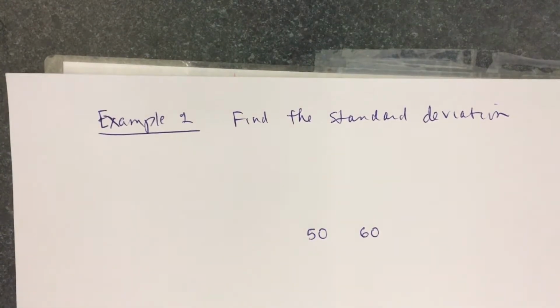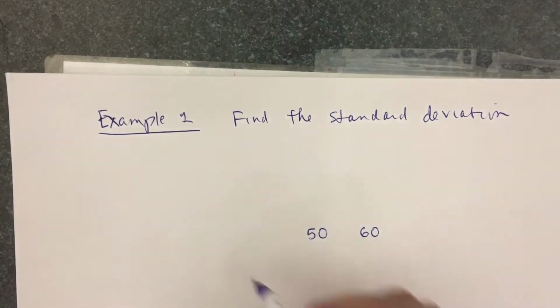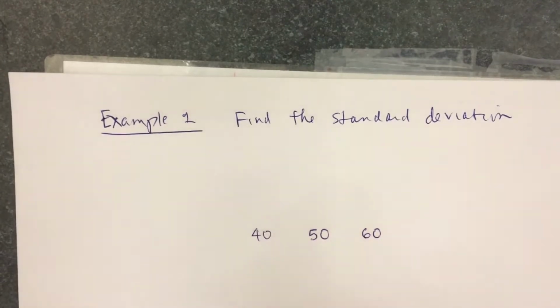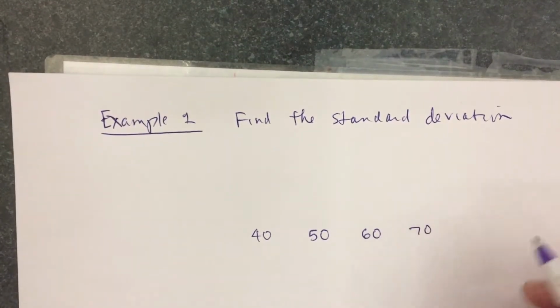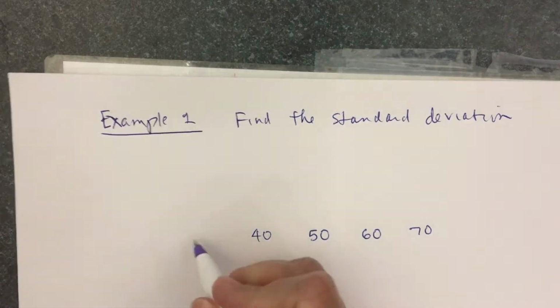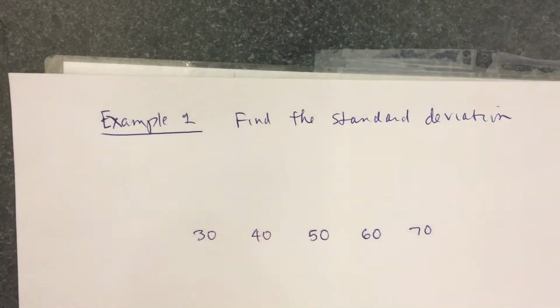And let me go 10 lower than 50 with 40. And then I have my next data item that is 10 higher than 60, 70. The next one is 10 lower than 40, so it's 30.